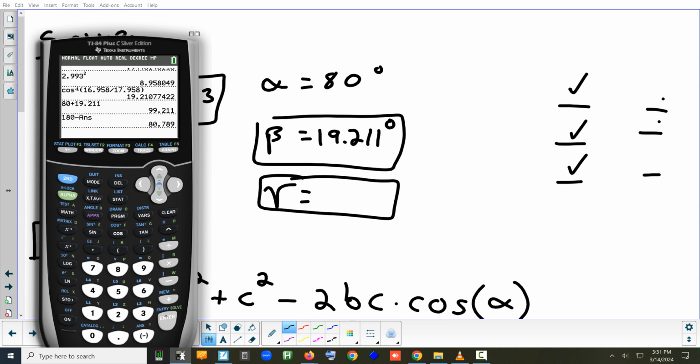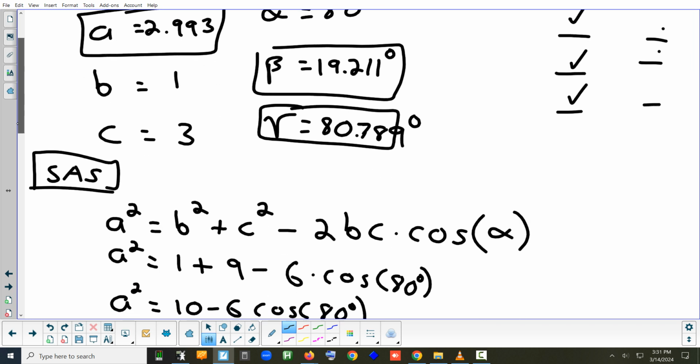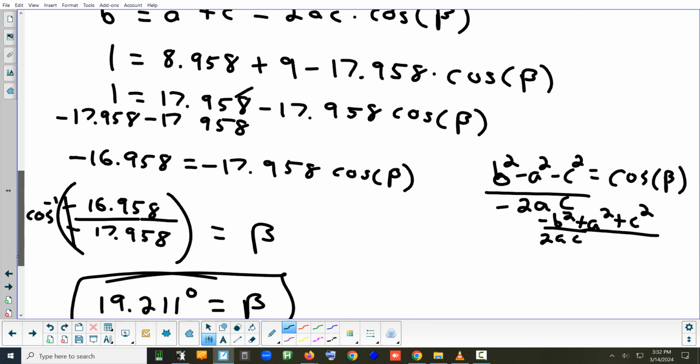So if our answers are confirming each other, did you get 80.789? I did. Okay. There it is. So just had to be careful with the 5.9 and the 9.5. That was kind of a mess. All right, but that's a law of cosines problem. And I'm glad you checked it because now everything is correct.